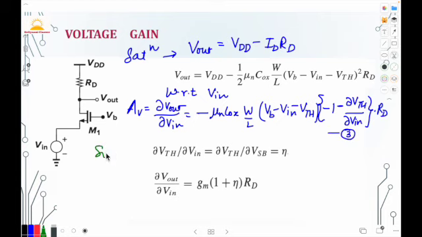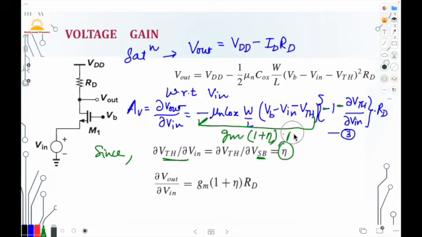Now since del VTH upon del V in is also del VTH upon del VSB, source to bulk, we can write it as eta. Taking out the minus sign common, the overall equation becomes positive, and this much is GM, and we have taken out the minus, so it is GM times (1 plus eta) times RD.